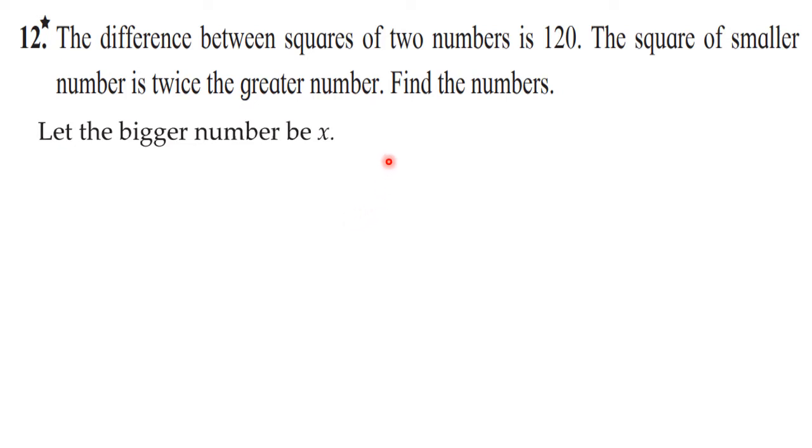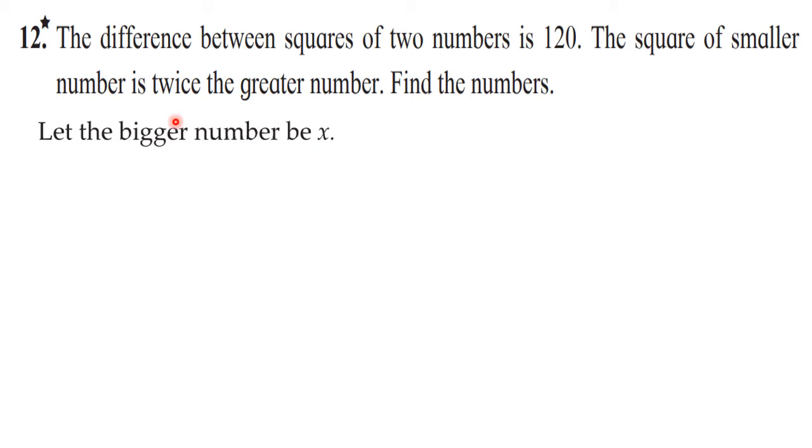Then it is not possible for us to decide the greater number. So since the square of smaller number is given in the form of greater number, we are taking the greater number or the bigger number as X. Now from this we can write down the square of smaller number.